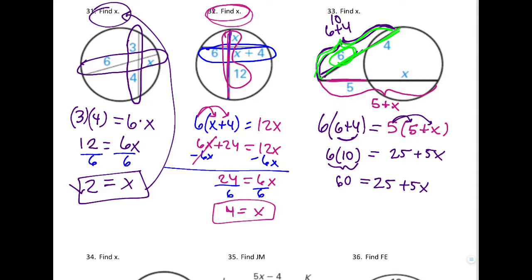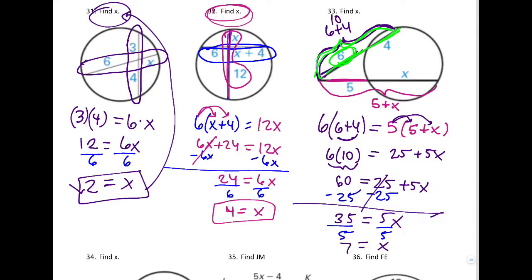And now I'm going to subtract 25 from both sides. And now I have 35 equals 5x. And then if I divide both sides by 5, I get that x is equal to 7. And that's all it wanted me to find was x, so at that point I'm done.